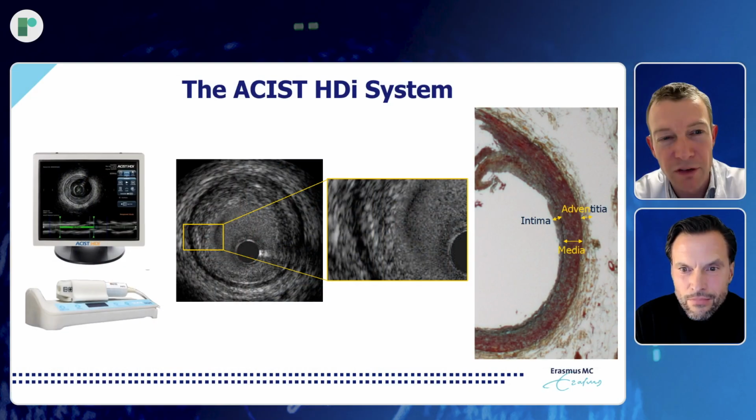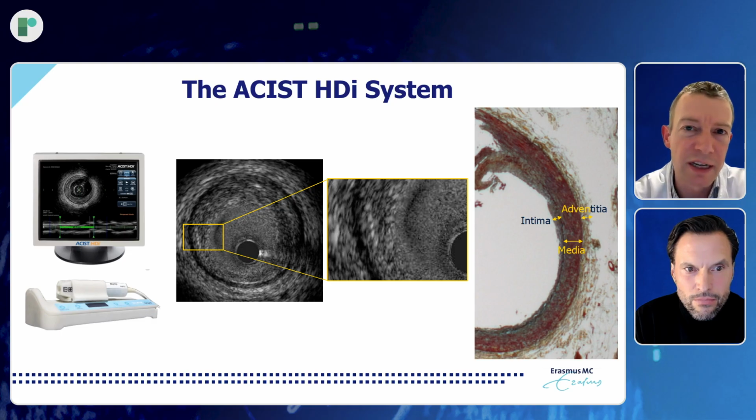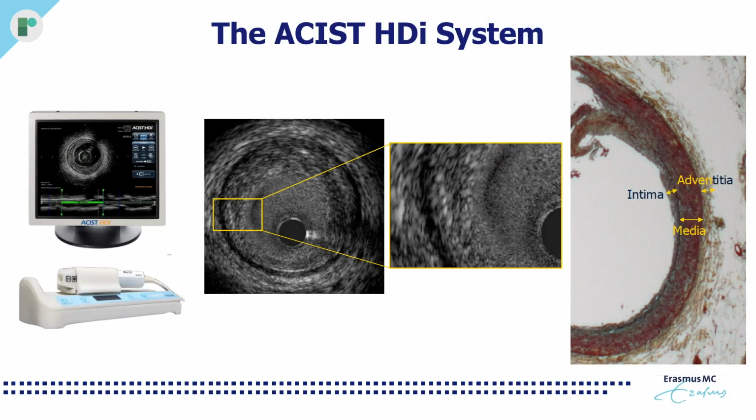That said, there is one interesting thing. In the past, we were used to looking at IVUS images of about 20 megahertz, whereas now with the novel technologies we have high definition IVUS at our disposal, which gives you images of 50 to 70 megahertz, in which the resolution increased from about 60 microns to 20 to 40 microns.